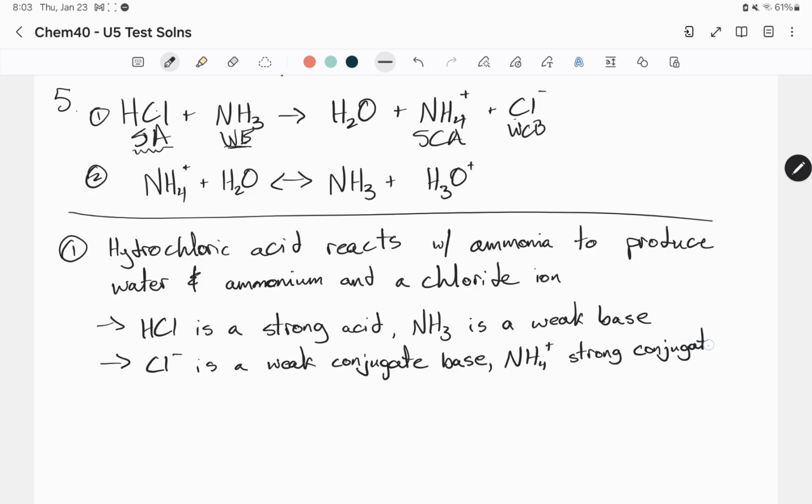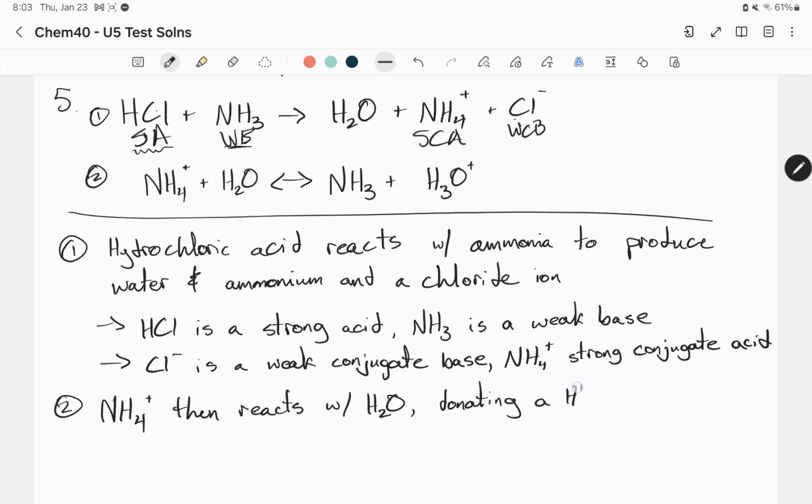And because it is strong, that is what is going to result in it reacting with the water. So for number 2 then, since I've already named them, I don't have to keep writing the names. Ammonium then reacts with the water, donating a hydrogen ion or a proton to the water, right?